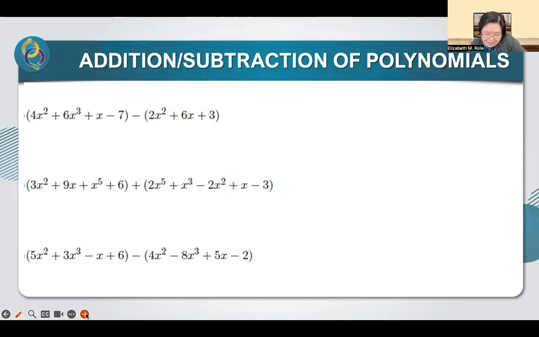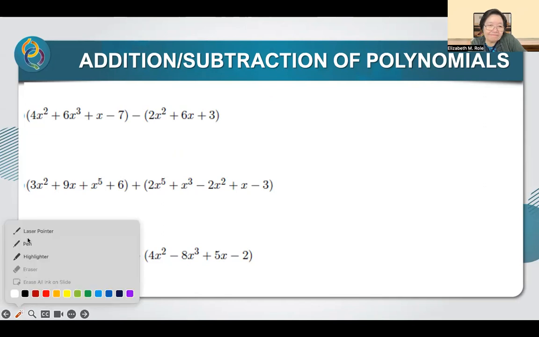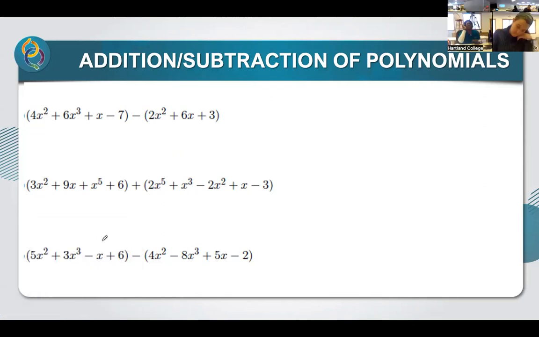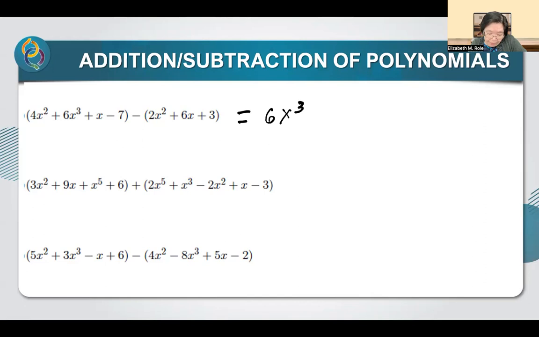So actually, you should have written that to begin with, taking that out from the negative, the parentheses. You write 6x cubed, beginning with the one with the leading power, and then 4x squared minus 2x squared plus x minus 6x plus minus 7 minus 3.